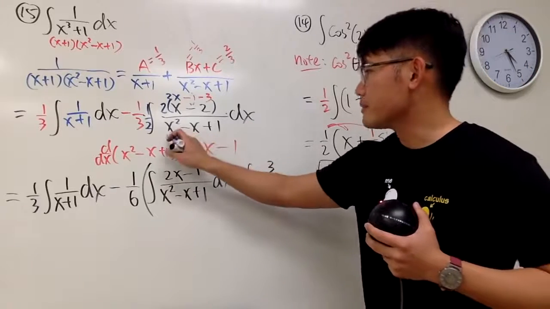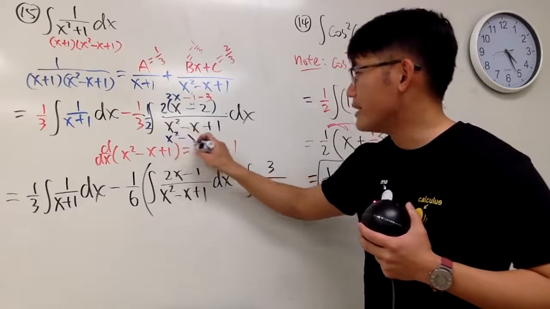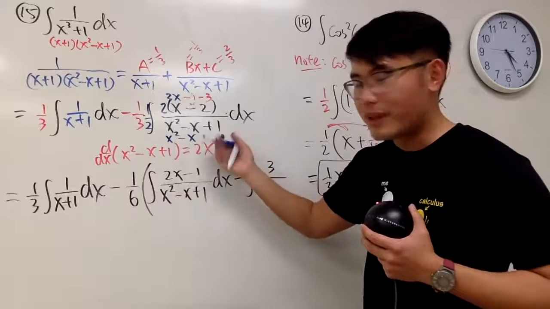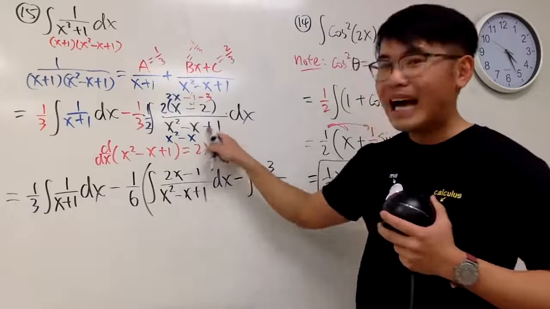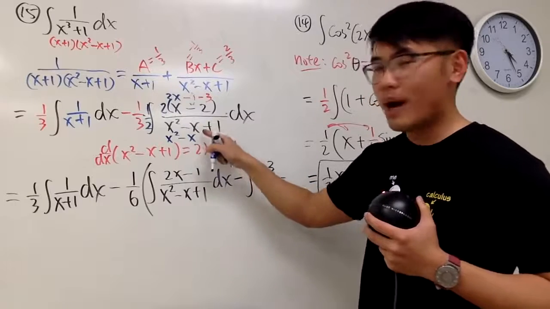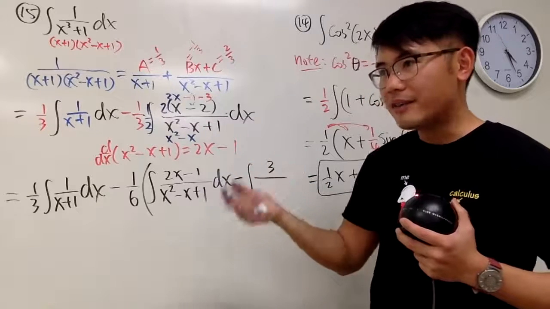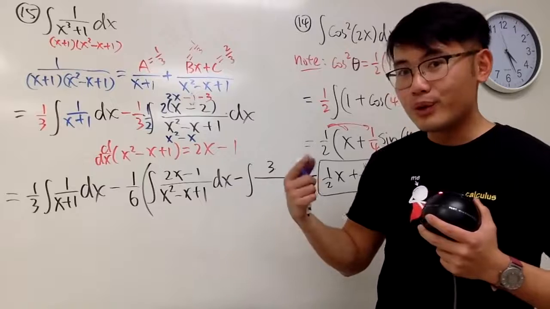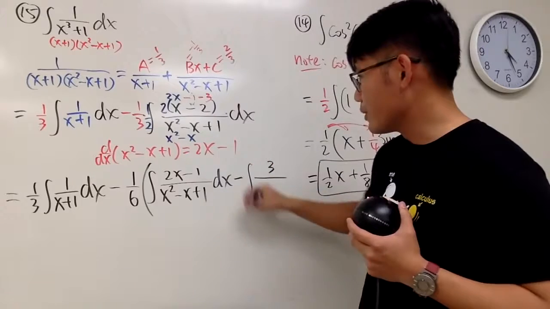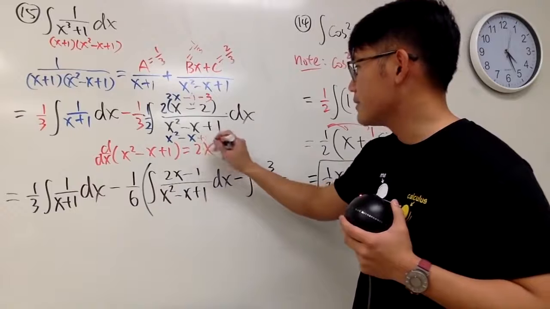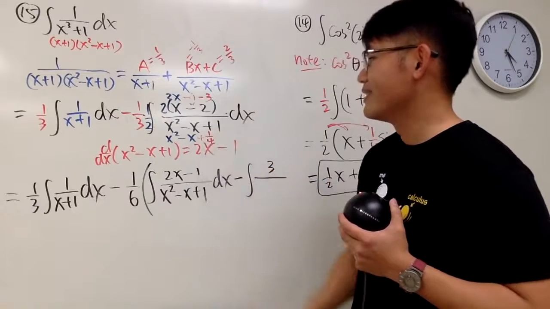Okay, here's the deal. x squared minus x. To complete the square right here, I look at half of the coefficient of x, which is negative 1. And half of that is negative 1/2. You are going to square that, and that's the magic number. So I will look at this as plus 1 over 4, right?